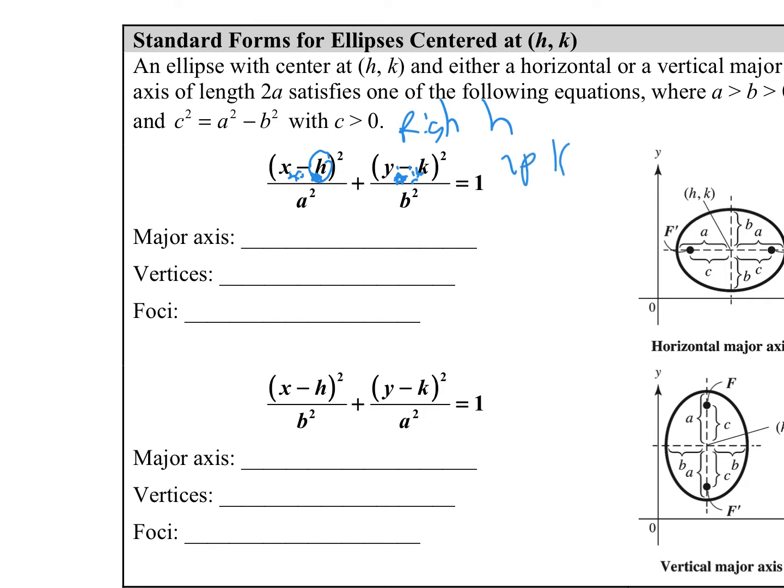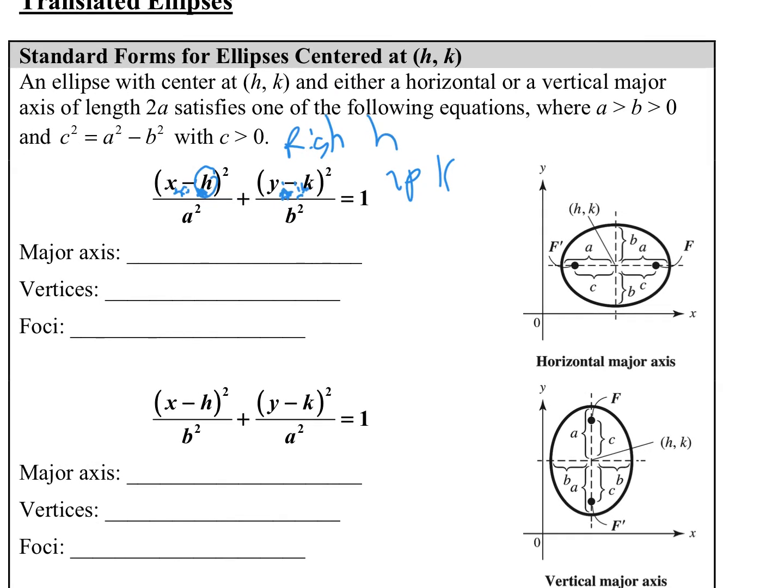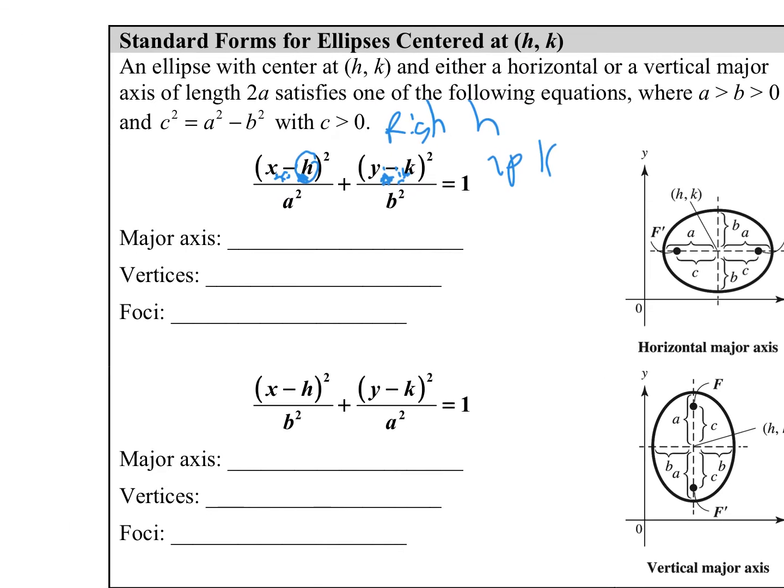So looking at this equation and also looking at that picture over here, he obviously went to the right and went up. Why did he go right? Did he say anything about what h is? Well, no, he didn't tell you anything. But anyway, my major axis, I don't know what he wants.